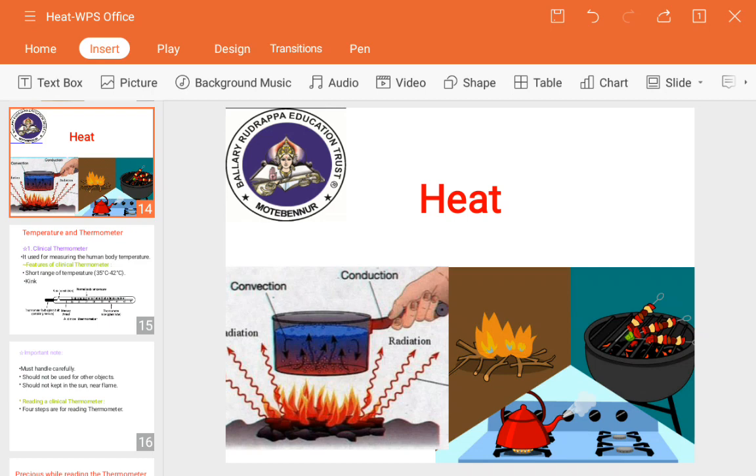So the last portion of this chapter is how to measure the temperature with the help of a temperature meter scale that is called a thermometer. Okay, so why is it called a thermometer?